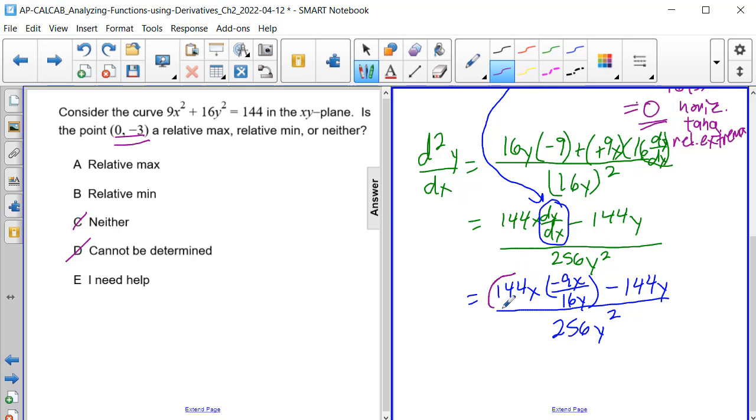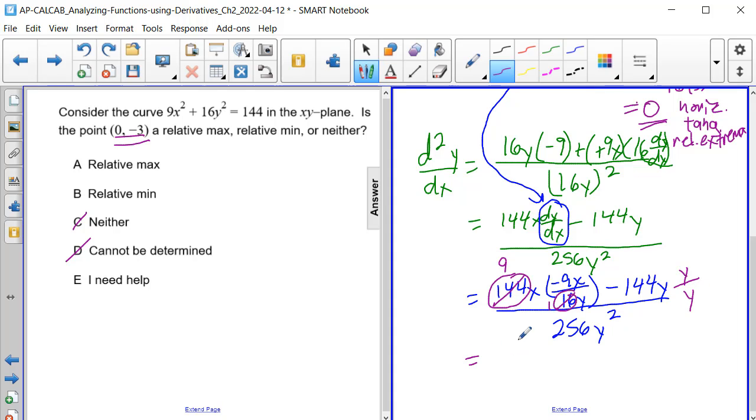Notice that 144 is divisible by 16, so the 16 becomes a 1, and the 144 becomes a 9. And we are still going to have a y, though, in this denominator. So in order to combine our first term and second term together in the numerator, we're going to have to multiply our second term here by y over y.